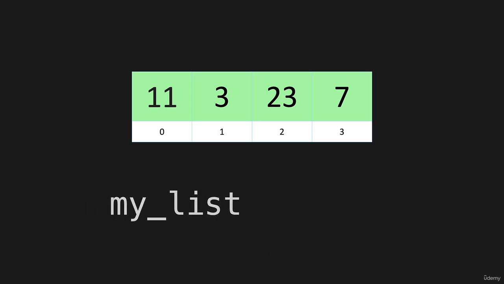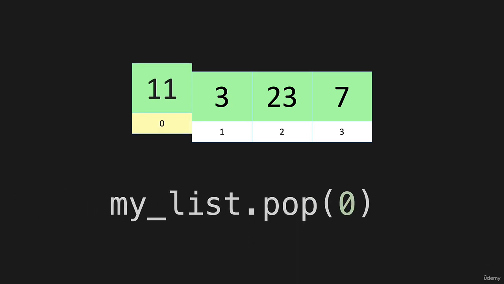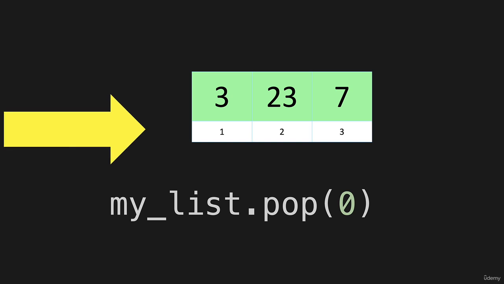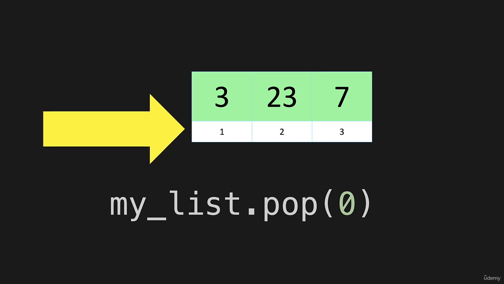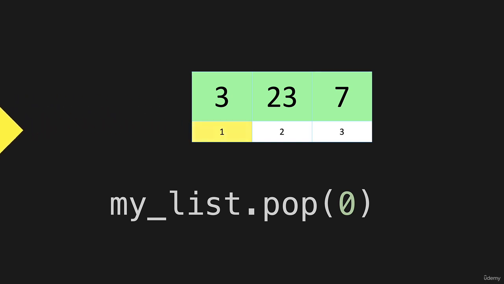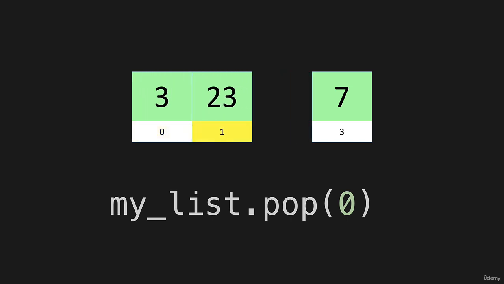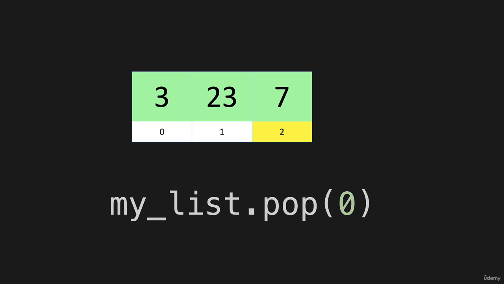But if we take my list and say pop at the index of 0, that is that first item there, when we remove this, the problem that we have is that this index is now incorrect. So we need to take that index of 1 and re-index it to a 0, and we do that all the way down the line for the entire list.